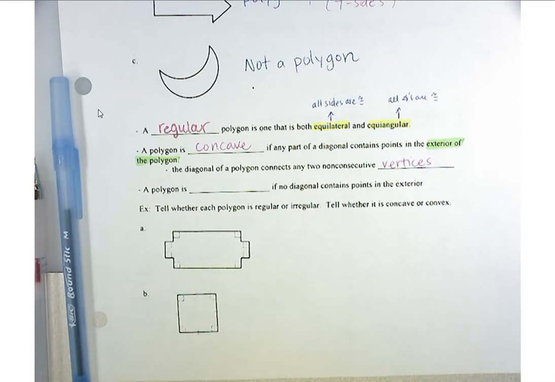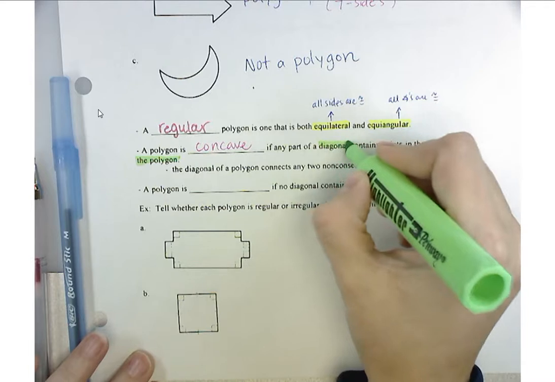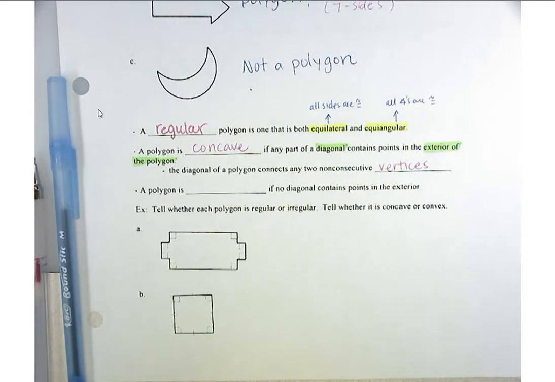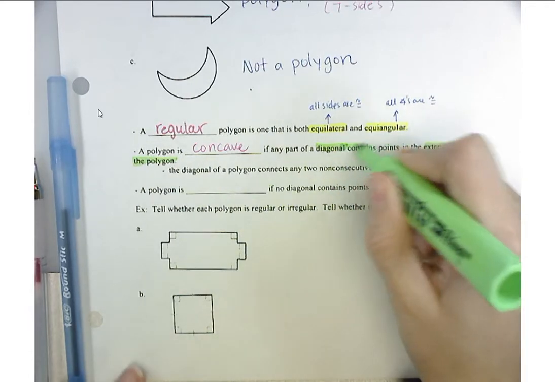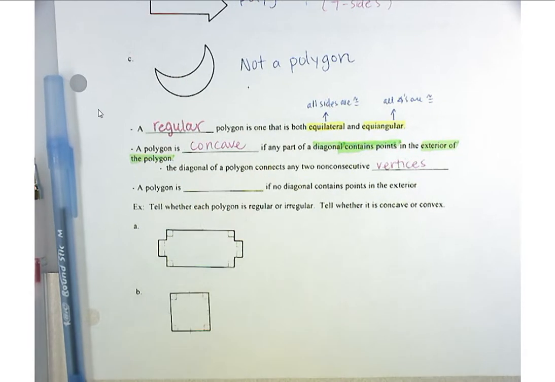Okay, so a polygon is concave if any part of a diagonal contains points in the exterior of the polygon. So the way that you determine what the diagonal is, it will connect any two non-consecutive vertices.